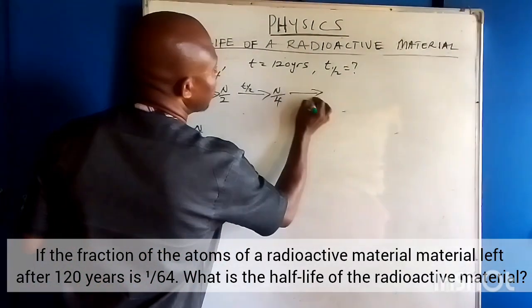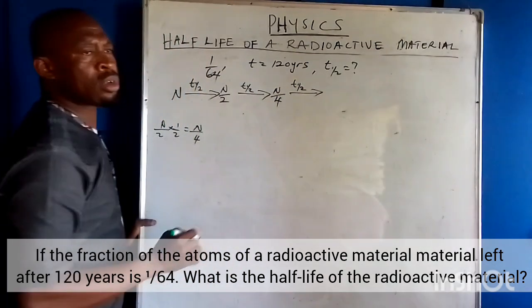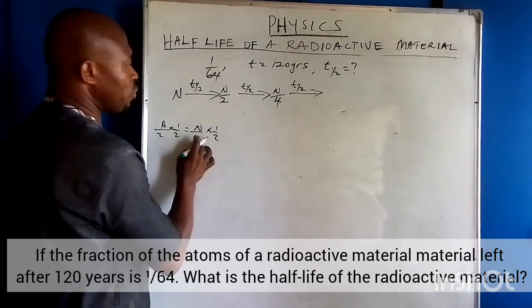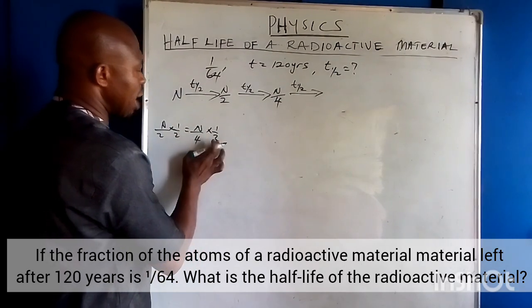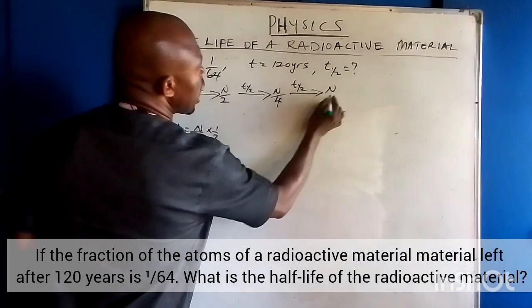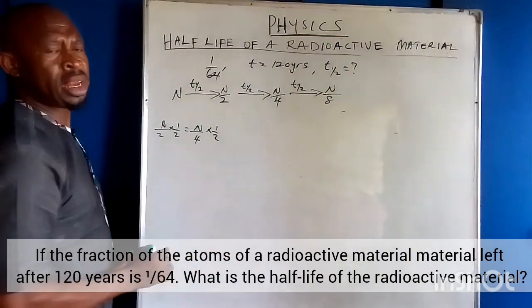Now, after another half-life, this one will decay, and half of this will remain, which is N over 8, since 4 times 2 is 8. After another half-life, we have N over 8 times half, N over 16 will remain.